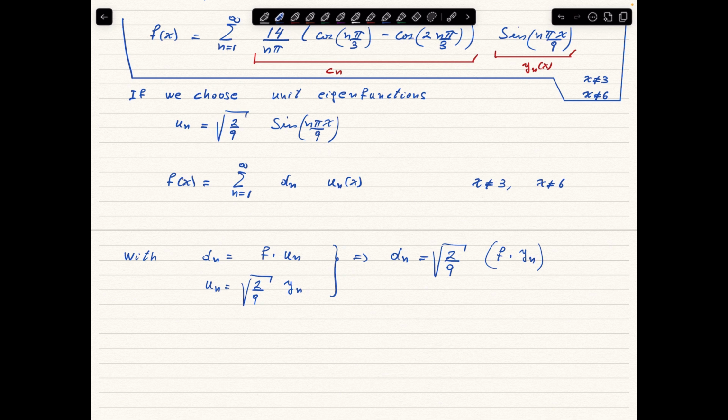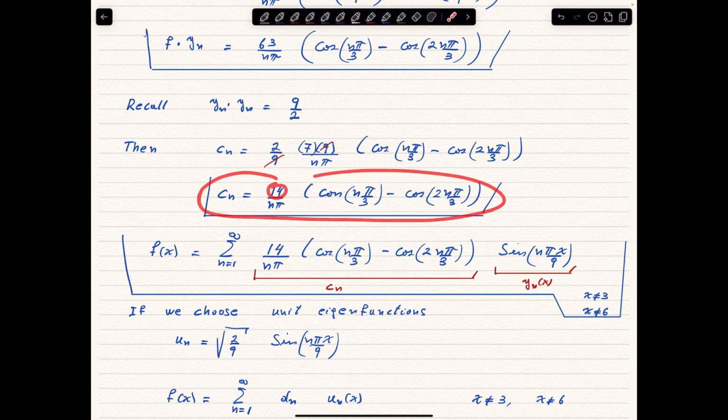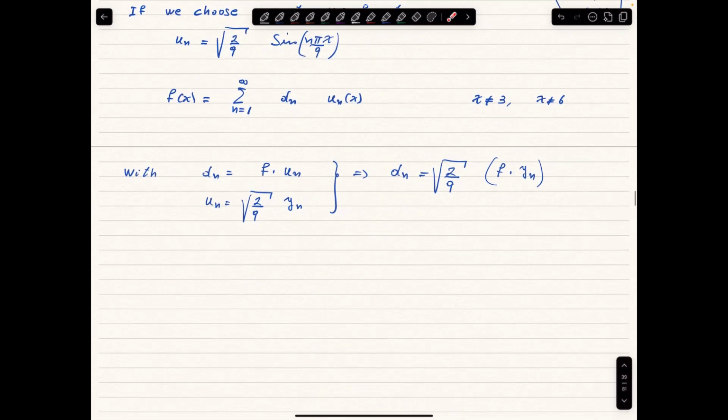Okay, but we already have f dot yn, so it is not this coefficient because it has the 14. It is this one, that is the one with the 63. So then the coefficient dn, we don't need to do the integral again, is going to be the square root of 2 over 9. Then we are going to have the 63 over n pi, and then the two cosines: the cosine of n pi over 3 minus the cosine of 2 n pi over 3.